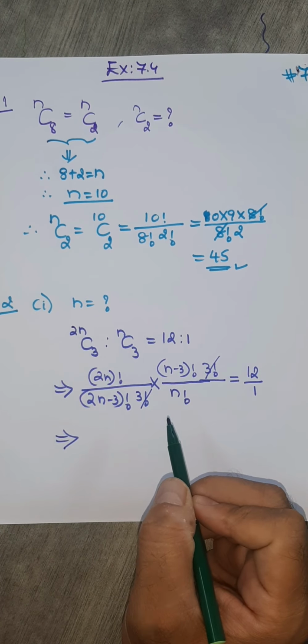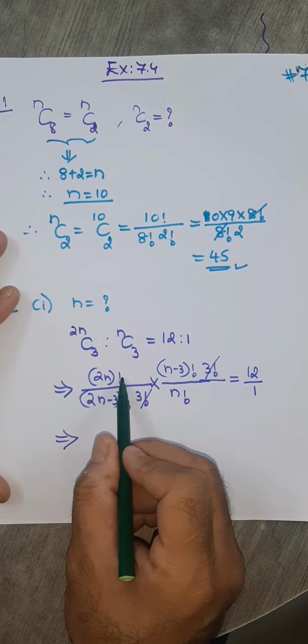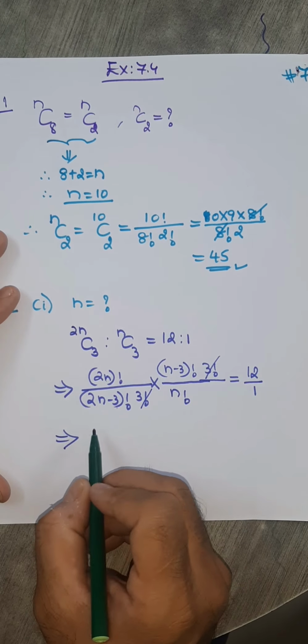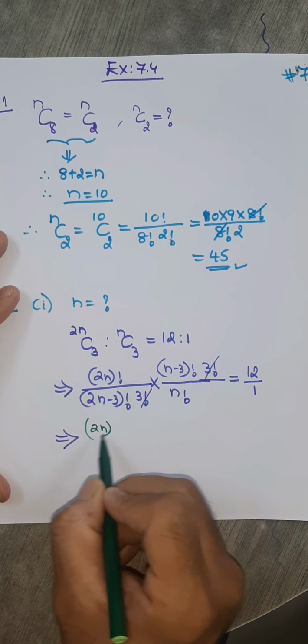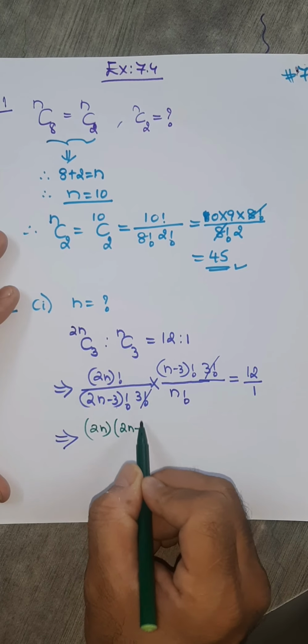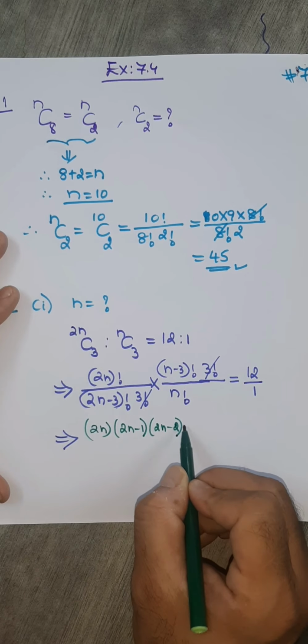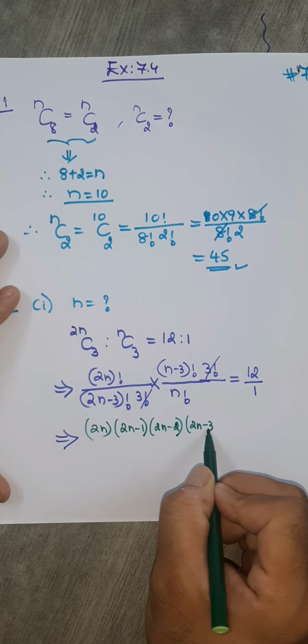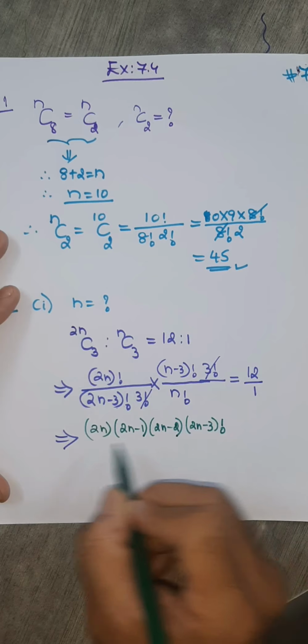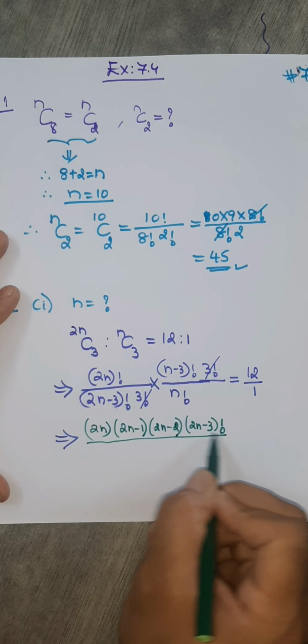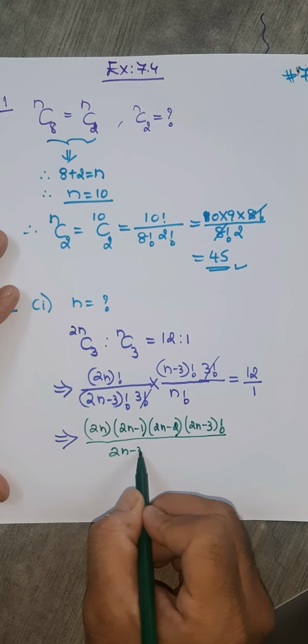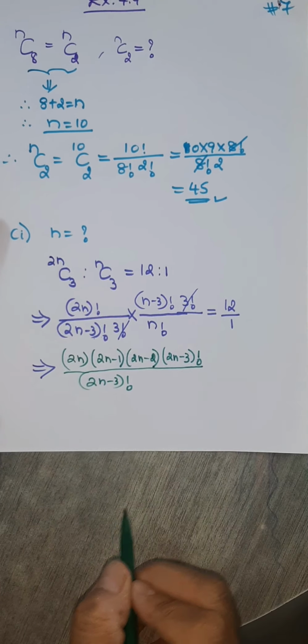What about this? 2n factorial you can express in the form of 2n minus 3. So 2n, 1 less, 2n minus 1, one less, 2n minus 2, one less, we get 2n minus 3. Now we got this, we stop and write the factorial, 2n minus 3 factorial as it is.